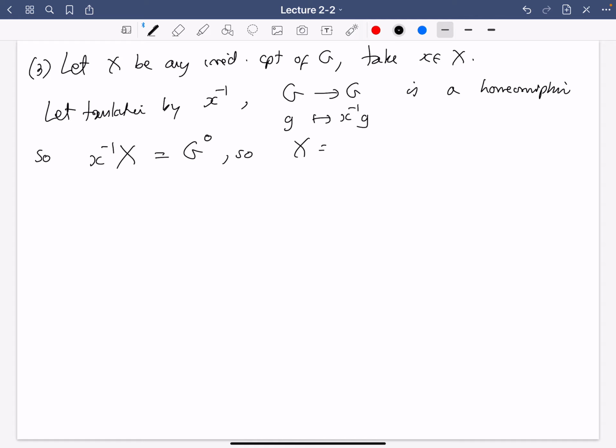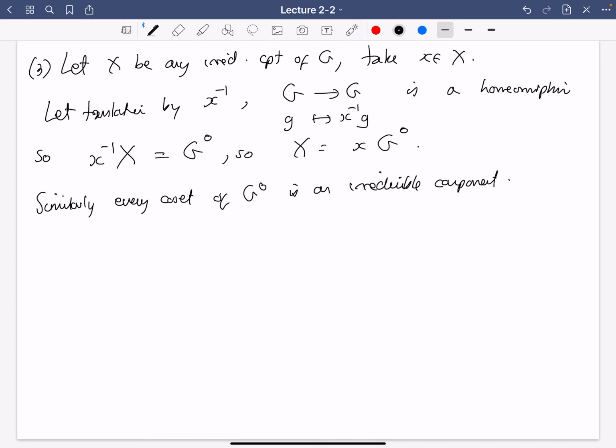So this shows that yes, X is a coset of G0. And similarly, you show that every coset of G0 is an irreducible component, being a translate of a component.